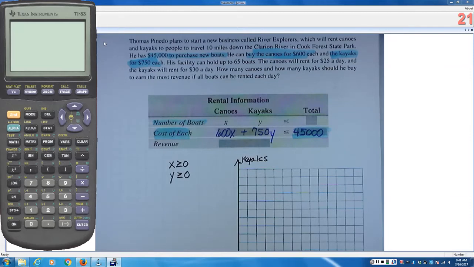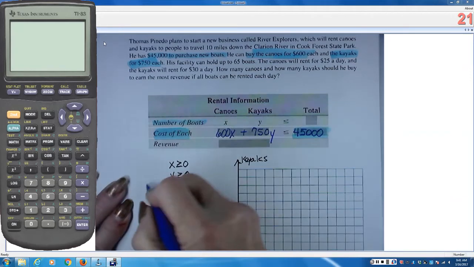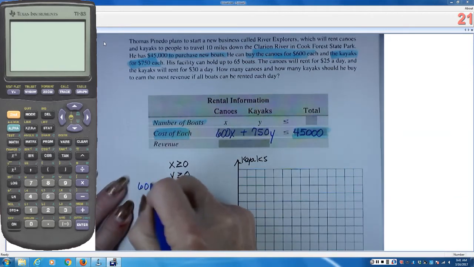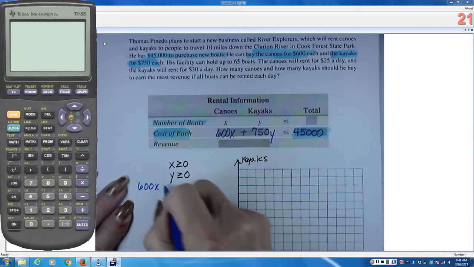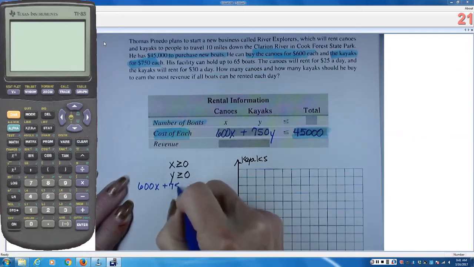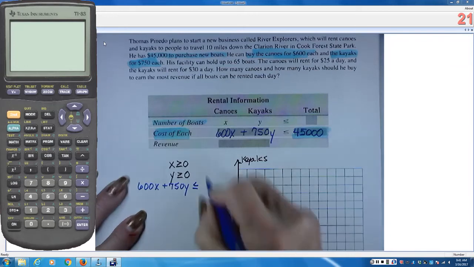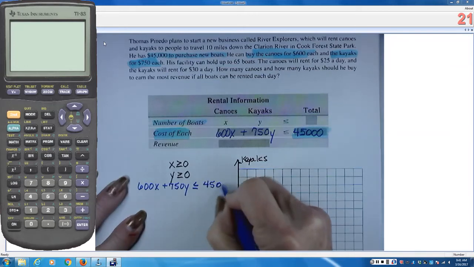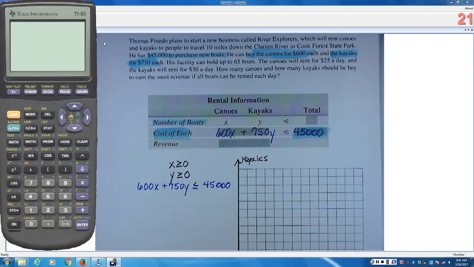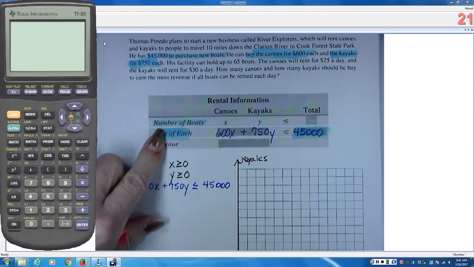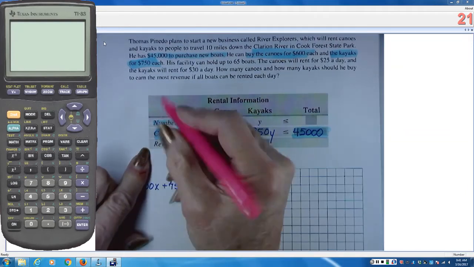So that gives us another one of our restrictions: 600x plus 750y is equal to or less than $45,000. Then we go back and say, now he's restricted also on how many boats.